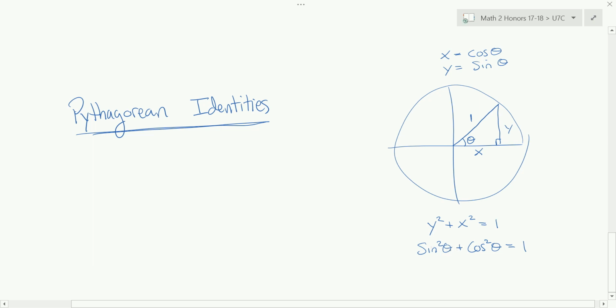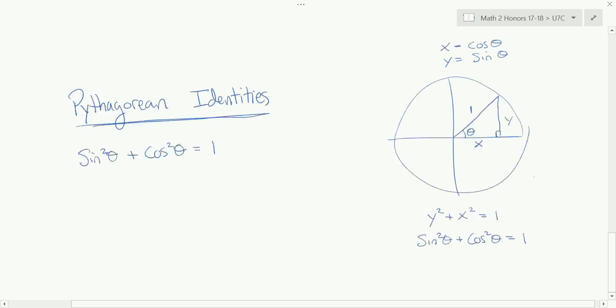If you go sine squared of 30 degrees plus cosine squared of 30 degrees, you can figure out what those are. You get 1. Try it with 45, you get 1. Try it with 60, you get 1. Try it with any angle, it will always be 1 because of that Pythagorean theorem. So that's an identity. That's our first Pythagorean identity. Sine squared theta plus the cosine squared theta equals 1. That's the easiest one to memorize. And you will have to memorize them.